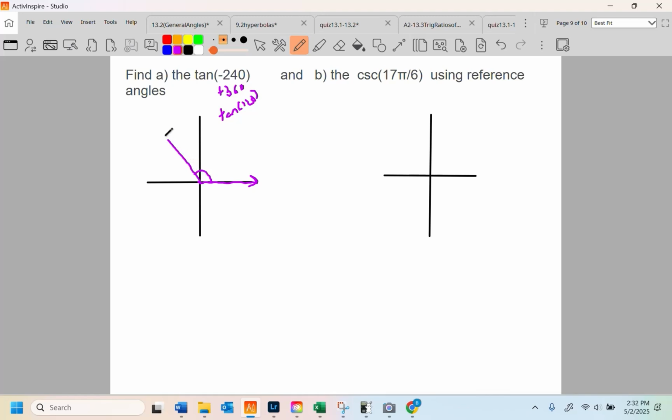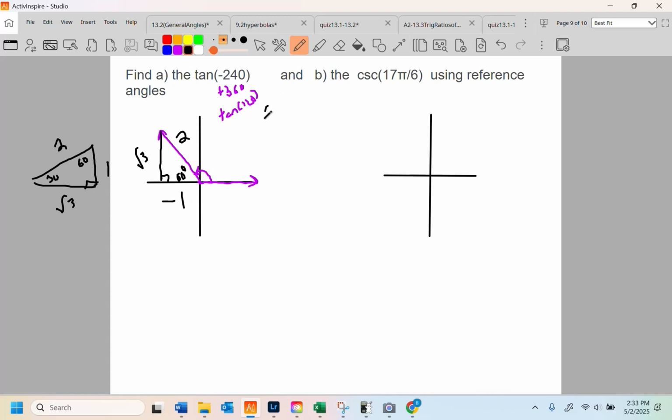You don't have to do that, but you can. And the reference angle is what it takes to get to the x-axis, which is 60 degrees. Triangle it out. Again, 30, 60, 90 pattern. It's 1, 2, root 3. Opposite of 60 is root 3. Hypotenuse is 2. And this is a 1, but it's running left, so it's negative.